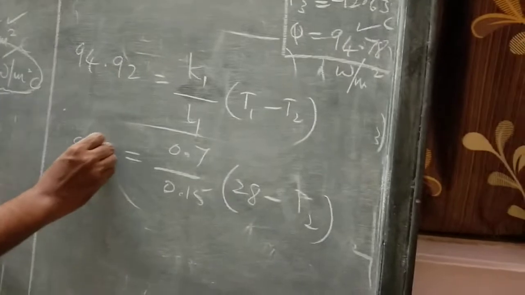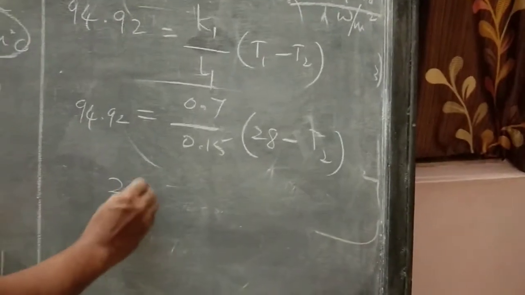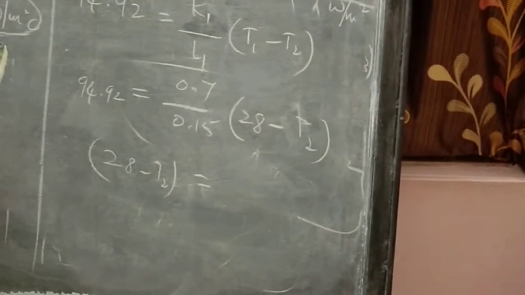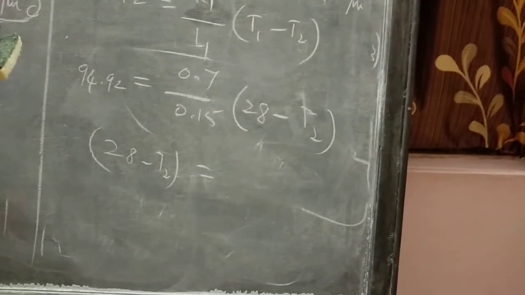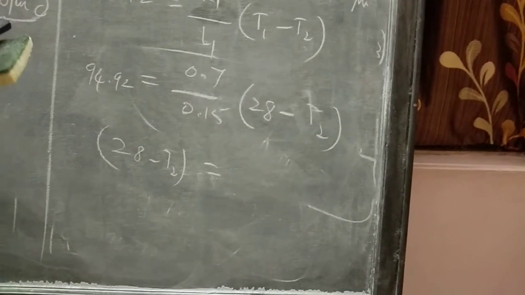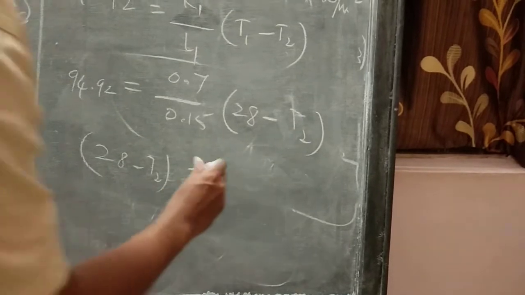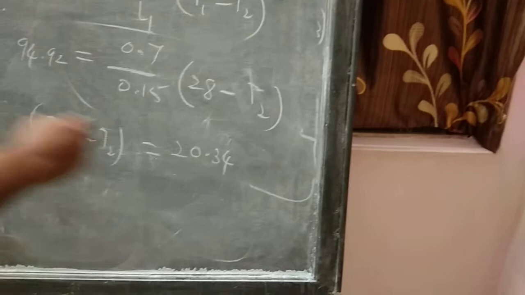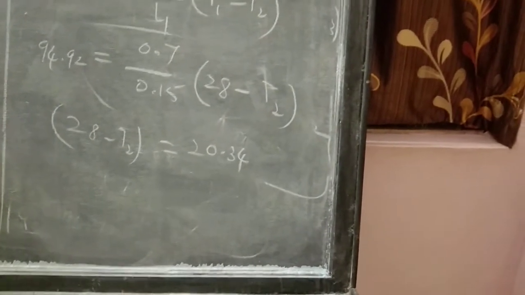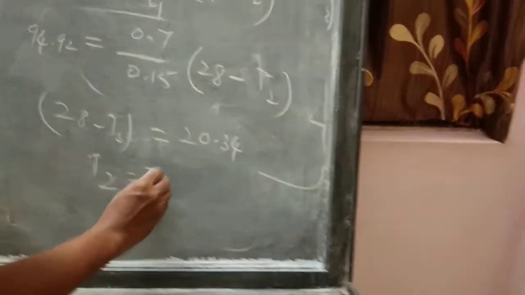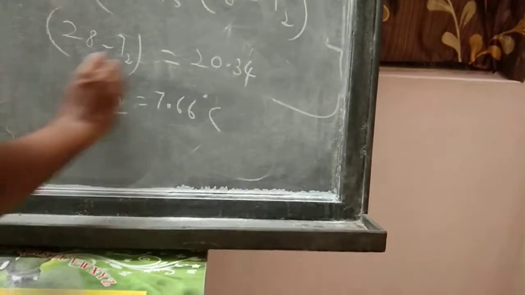So 28 minus T2 will be 0.15 into 94.92 divided by 0.7, which is 20.34. T2 is equal to 28 minus 20.34, we got 7.66 degrees Celsius, which is the same as this one.